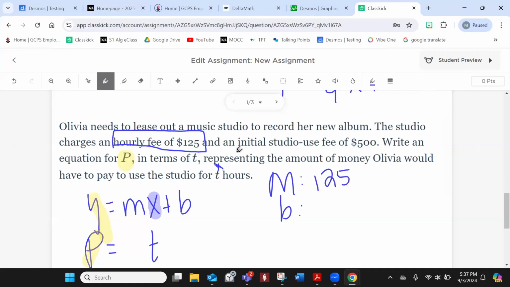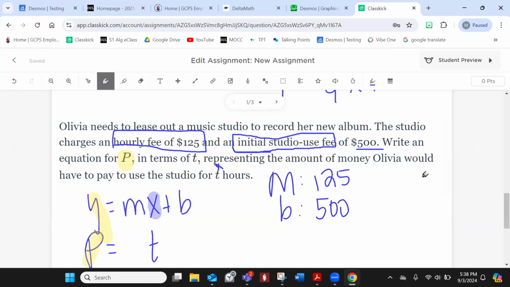Then it says initial studio fee. This fee is telling us that it doesn't matter if you go to the studio for an hour, 3 hours, 10 hours, regardless, in order to walk into that studio and actually rent it, you've got to pay at least $500. That is a non-negotiable fee.